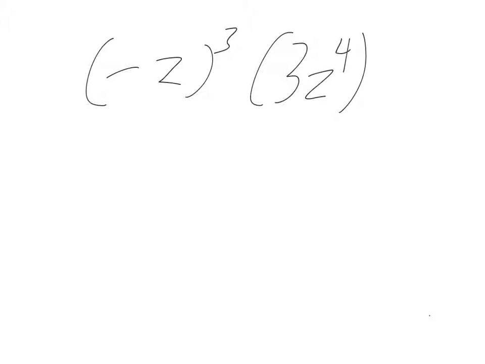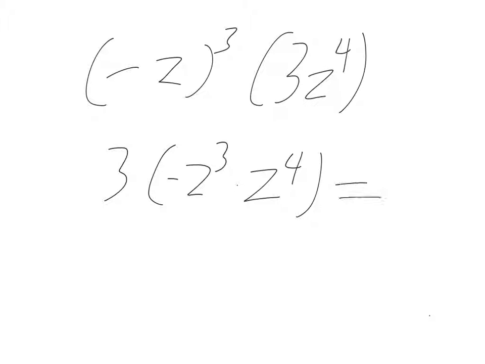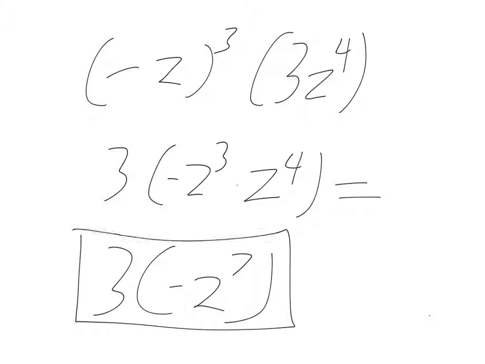So basically we can really split the problem into 3 times negative z cubed times z to the fourth, like this, in which case we would get 3 times negative z to the seventh, and that would be our answer.